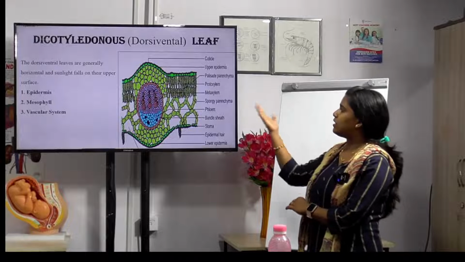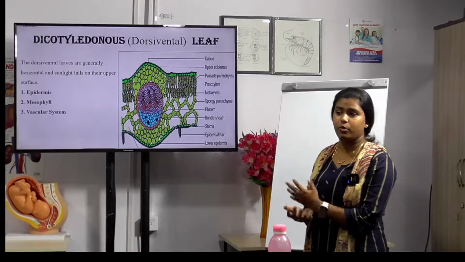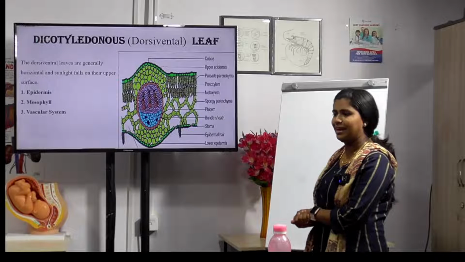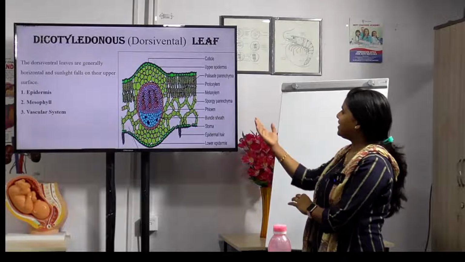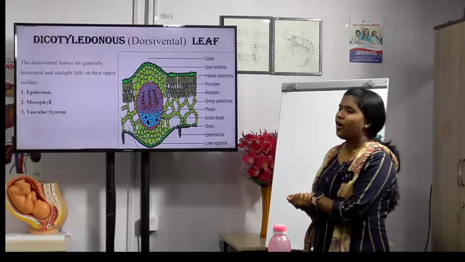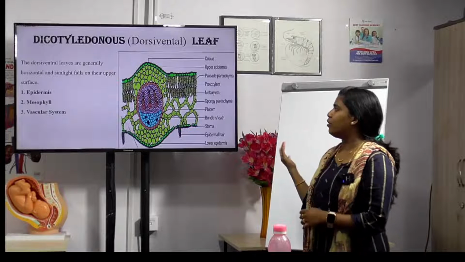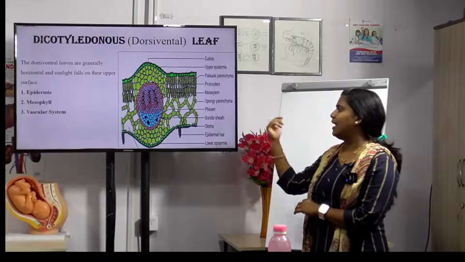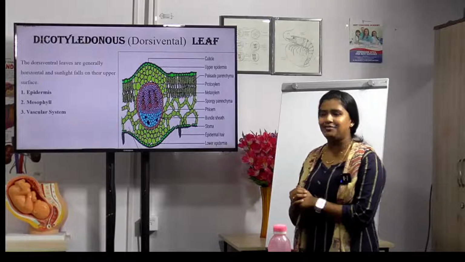Okay, now the dicotyledonous leaf, which is also known as dorsiventral. What is a leaf? Leaves help in photosynthesis. These are generally horizontal, and sunlight falls on their upper surface. There are three parts: epidermis, mesophyll and vascular system.